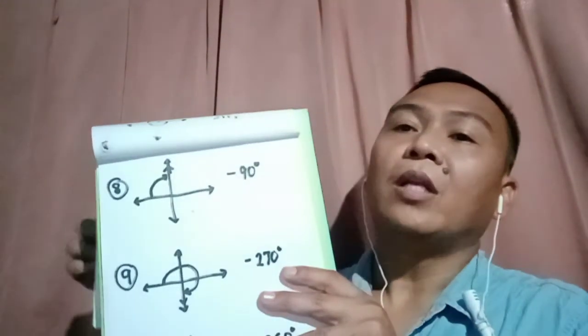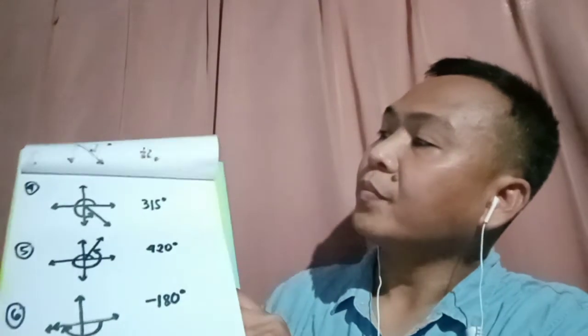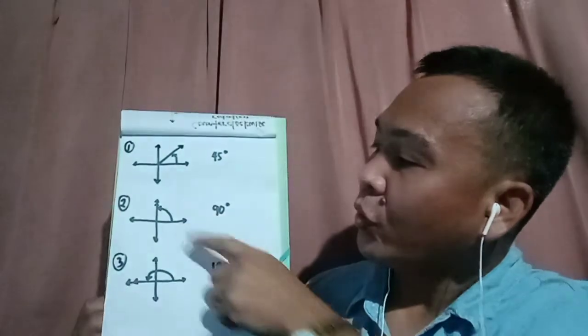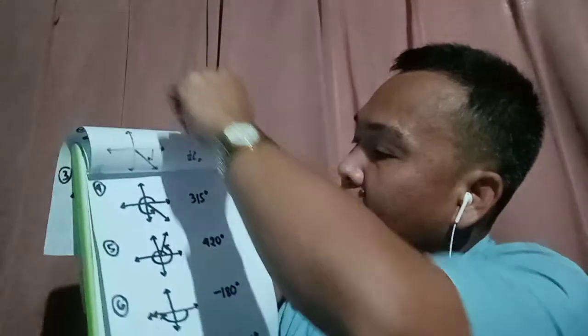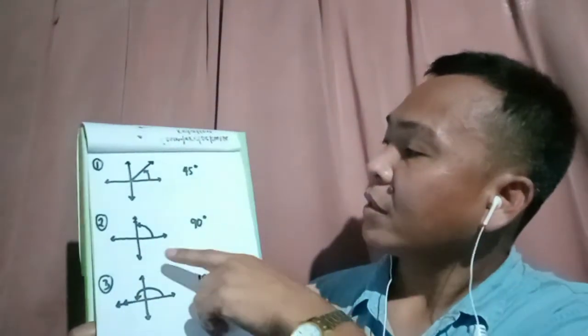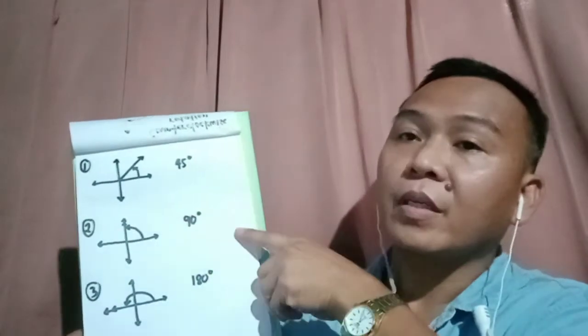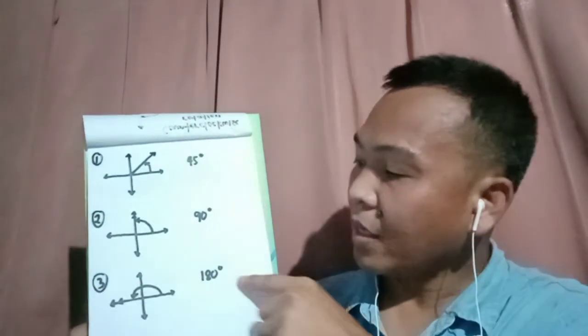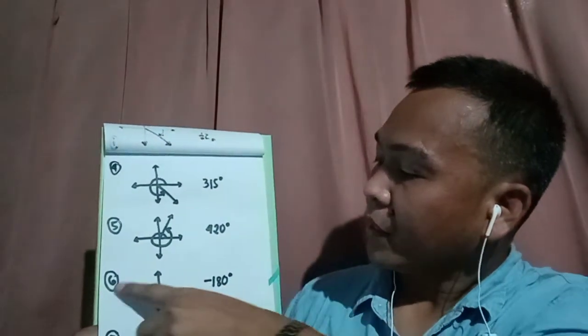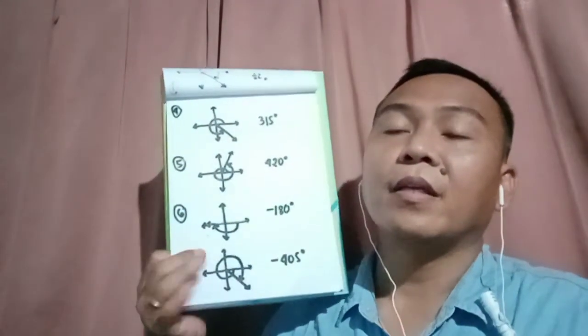Another, look at examples 2, 3, 6. Look at example number 2, exactly 90 degrees, 3, exactly 180 degrees, 6, exactly 180 degrees. Okay.